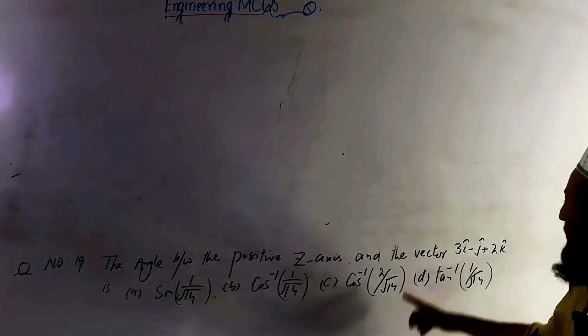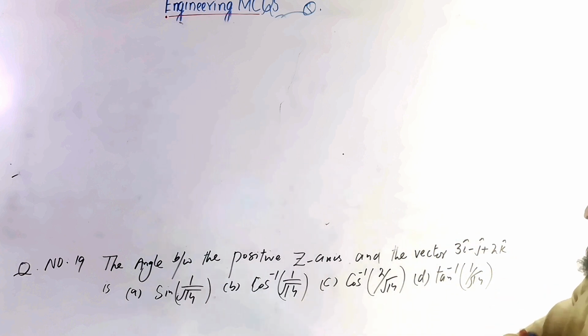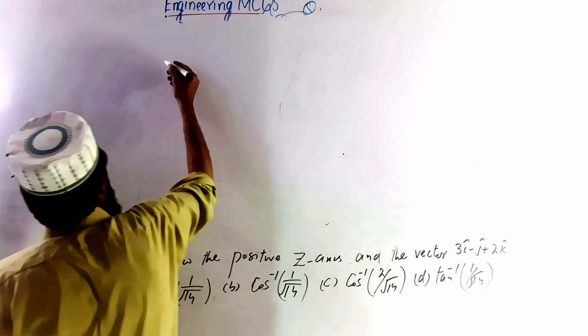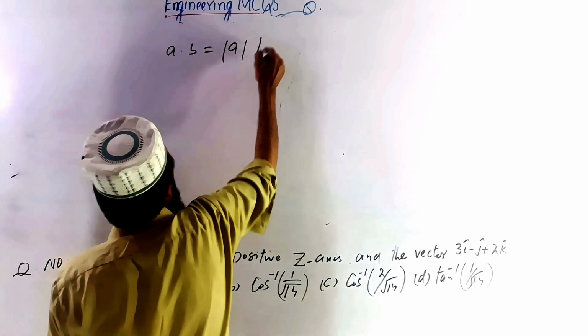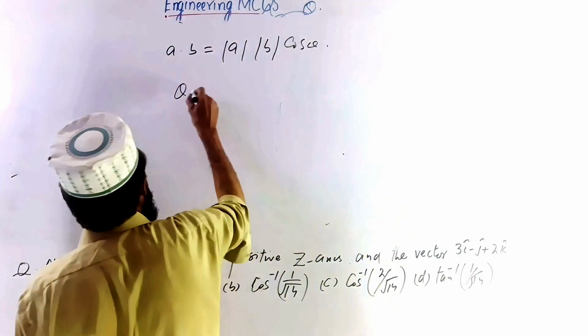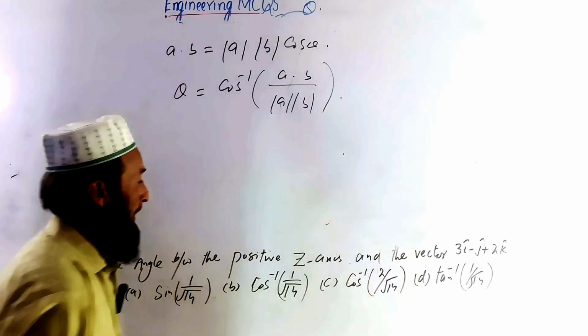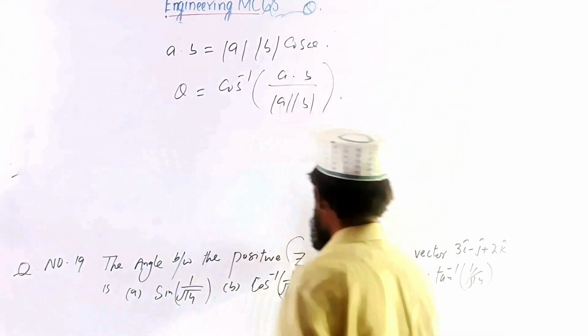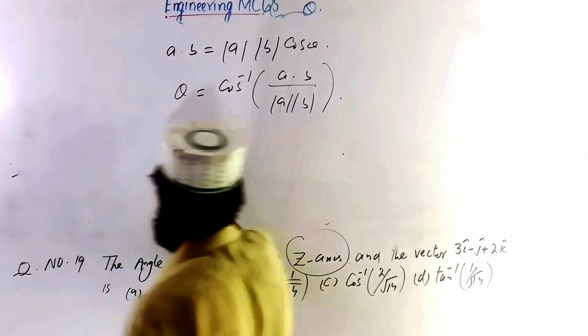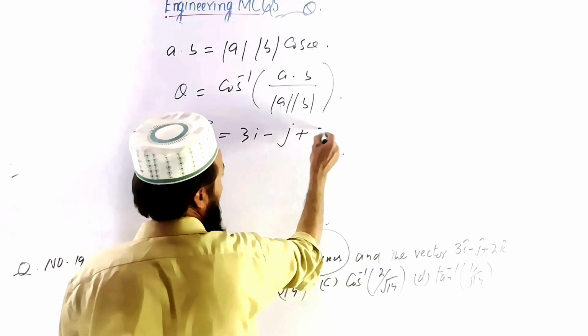Question number 19. The angle between the positive z axis and the given vector. According to the definition, a dot b is equal to magnitude of a times magnitude of b times cos theta, so theta is equal to cos inverse of a dot b divided by the magnitudes of a and b. For example, let a be the vector 3i minus j plus 2k.